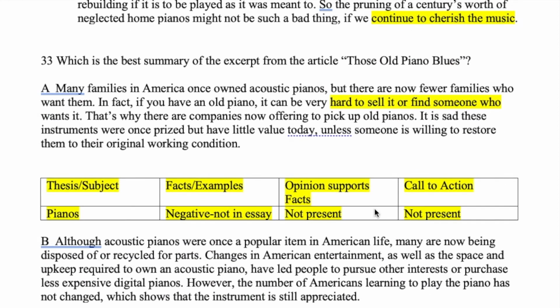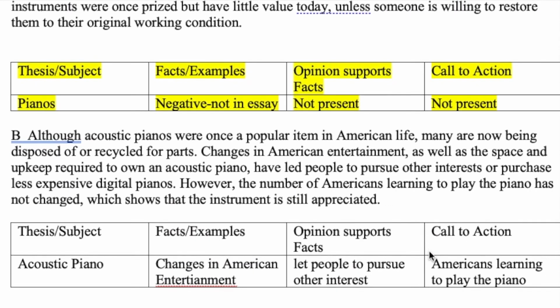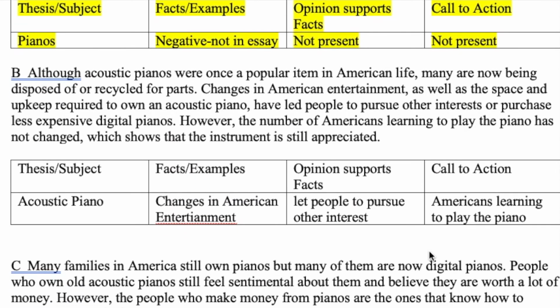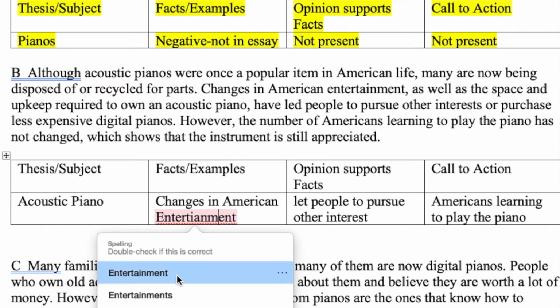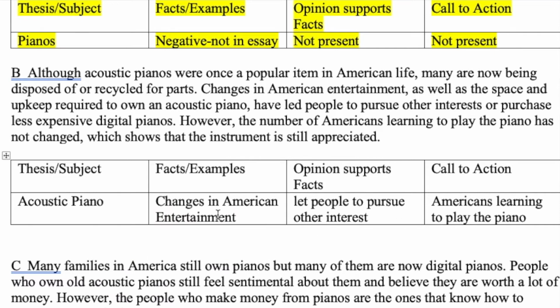Next, although acoustic pianos were once popular in Latin America, so it talks about pianos, many are now being disposed of or recycled for parts, which is true. Changes in American entertainment, so this is also true. And you just highlight and say, okay, so yes, piano, entertainment, they were selling less.